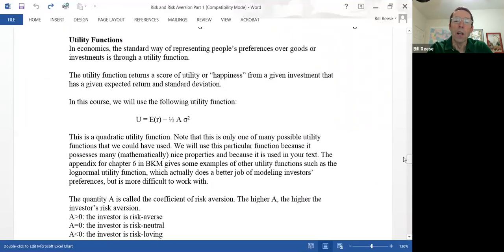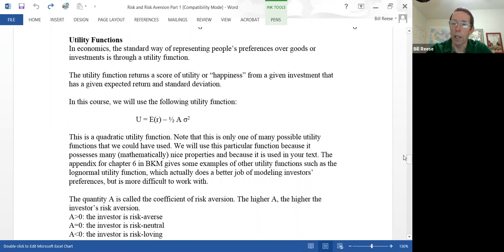And we notice that whenever your standard deviation is 0, all this to the right of the minus sign is 0. So for a risk-free investment, the level of utility is equal to the expected return because a risk-free investment has a standard deviation of 0. So if we have an investment with a standard deviation of 0 and the expected return is 5%, then the level of utility will be 5%.